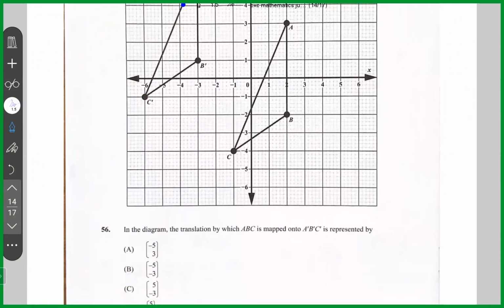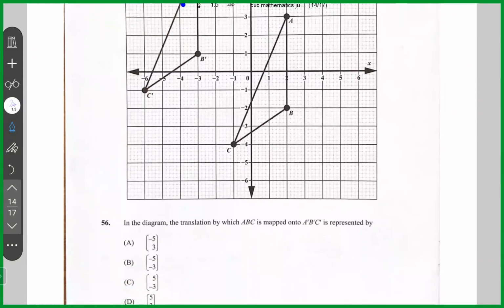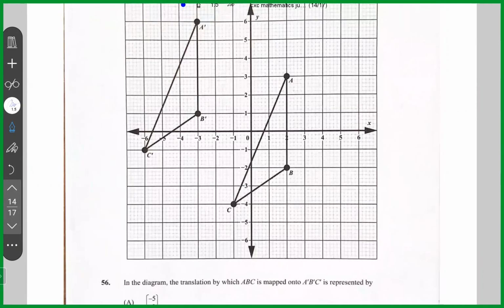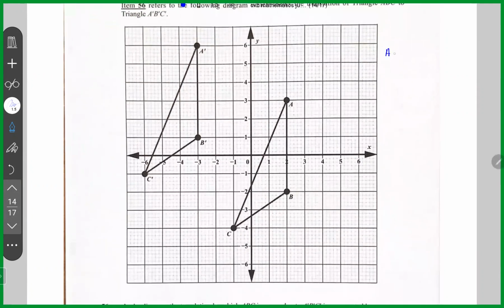In the diagram above, the translation by which ABC is mapped onto A prime, B prime, C prime is represented by, all right, first of all, A is the point 2, 3. A prime is the point minus 3, 6.